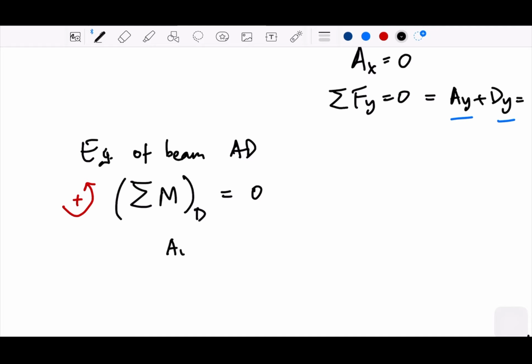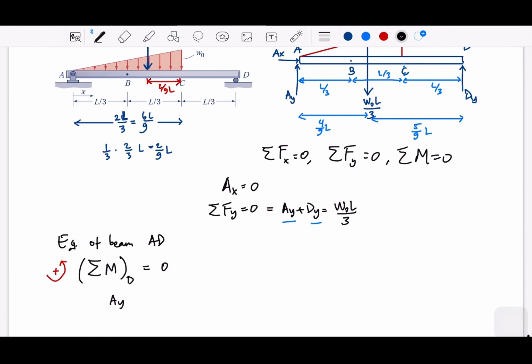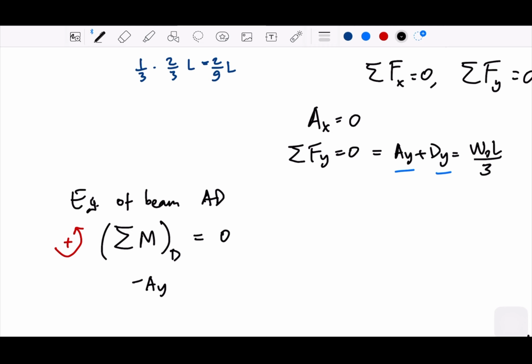So Ay multiplied with L, and this will be minus. Actually, I forgot to mention in class that the assumptions you make, like how the moment will rotate, clockwise or counterclockwise, positive or negative, it doesn't matter.